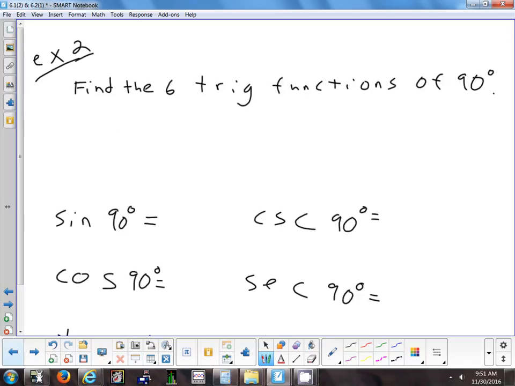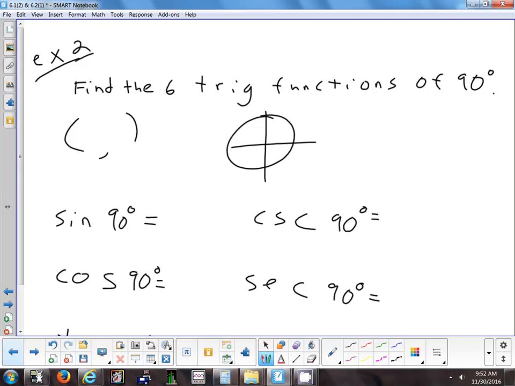Let's do this one. What's different about this example? It's not a point. Okay, you can't do anything until you figure out the point. So if you're not sure where 90 degrees is, draw it. And remember, we're doing unit circle trig, so we're drawing everything on a unit circle. Where's 90 degrees?